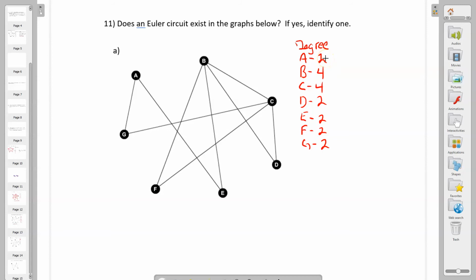Now we're asked to identify an Euler circuit. It's not as straightforward as when we have an odd number and we know where we're going to start and end.